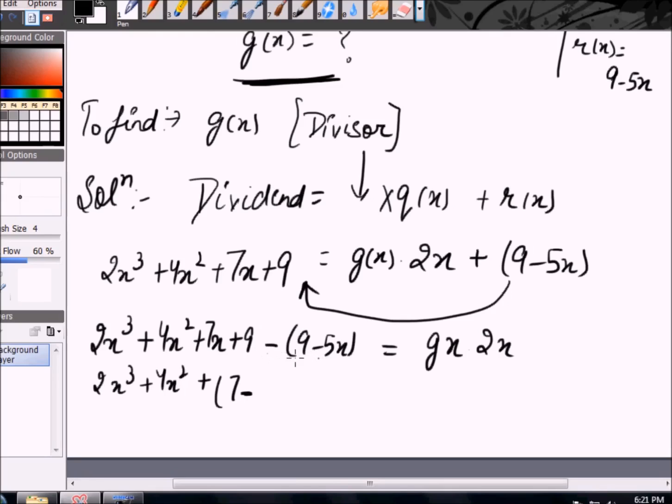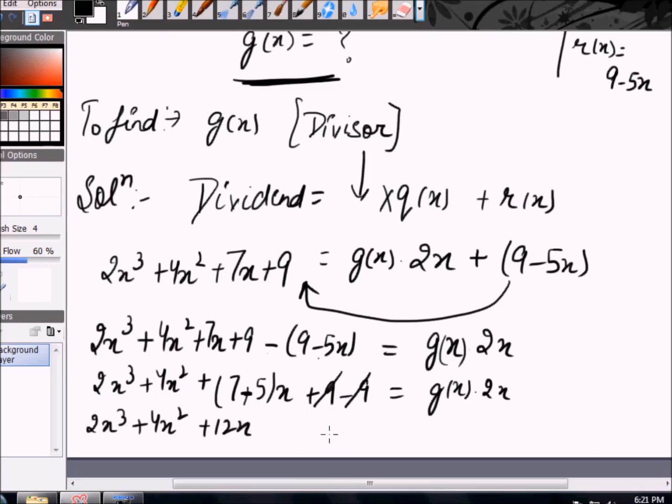The product of two negative terms gives us a positive term. Thus plus of 5 into x plus 9 minus 9 equals g(x) into 2x, which gives us 2x cubed plus 4x square plus 12x equals g(x) into 2x.